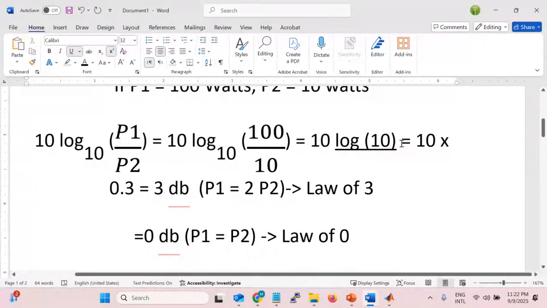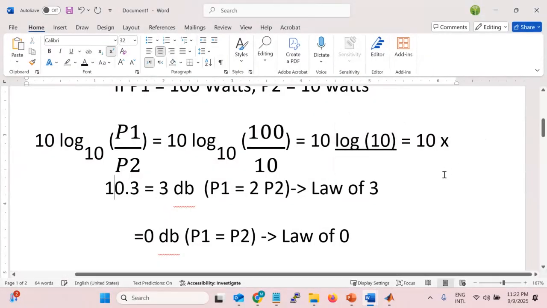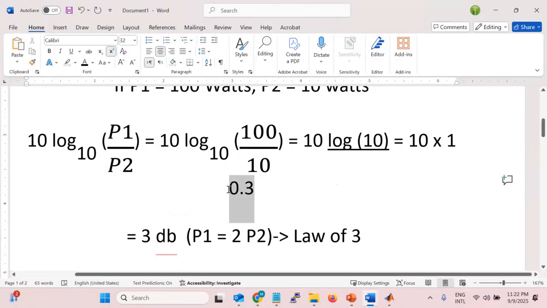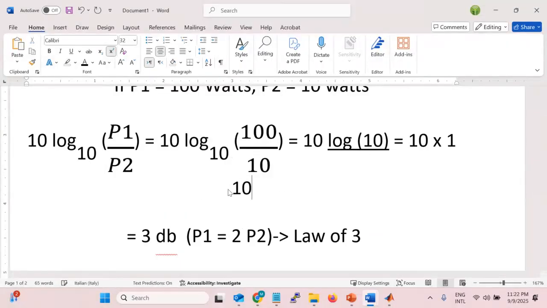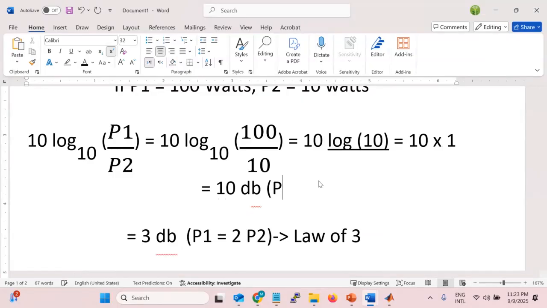Log 10 always equals 1, just as we said before that log 1 always equals 0. So 10 times 1 equals 10 dB. What does this mean? When the result is 10 dB, it means P1 equals 10 times P2. P1 is ten times P2, and this is the law of 10.